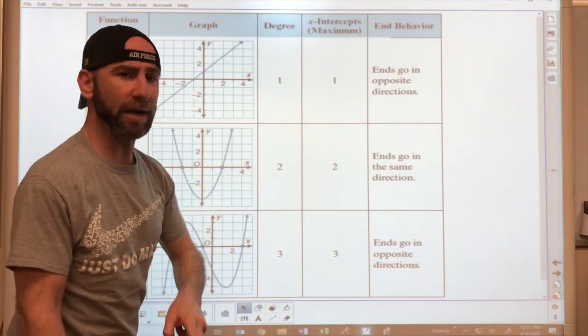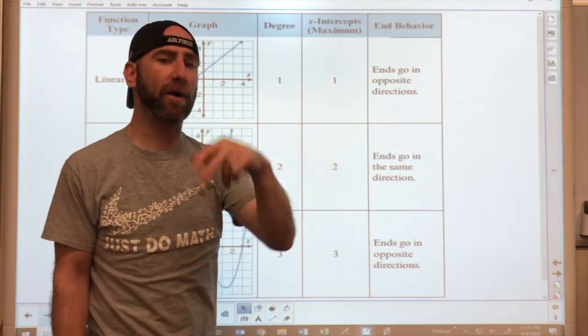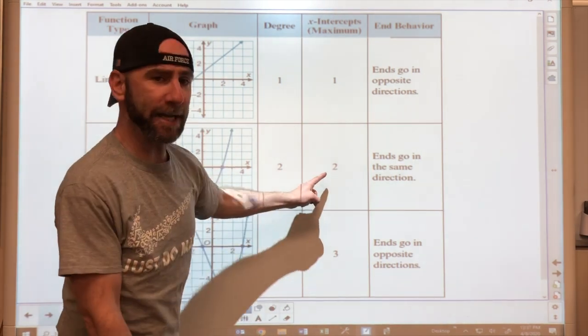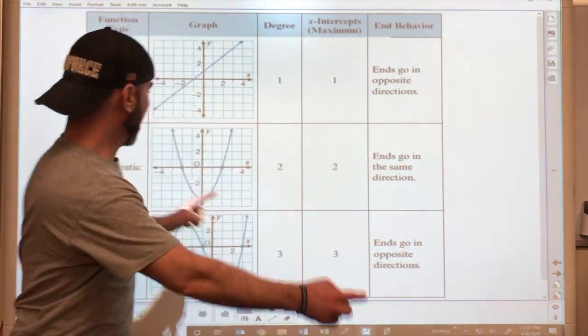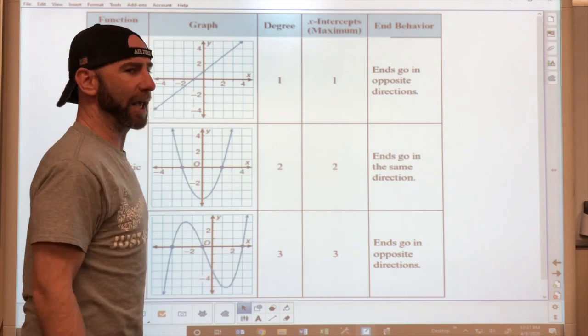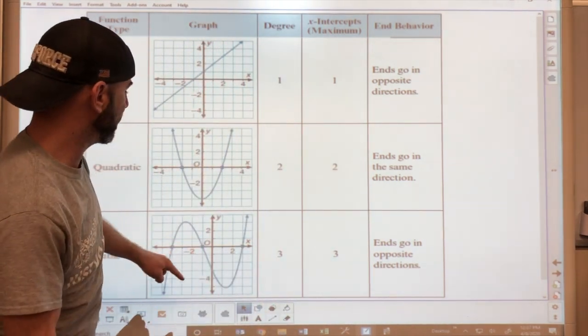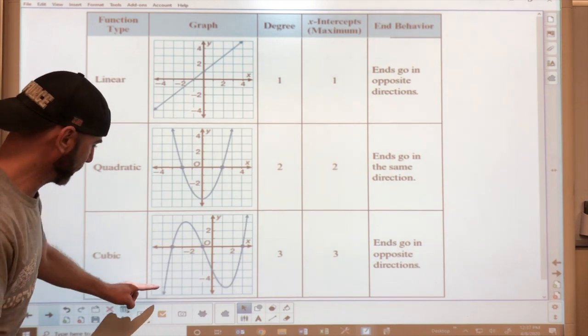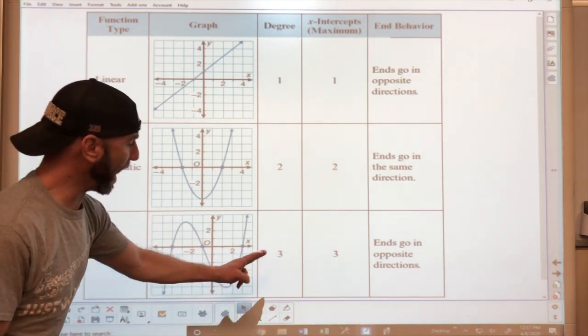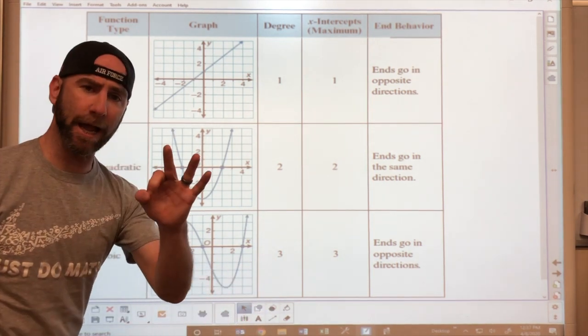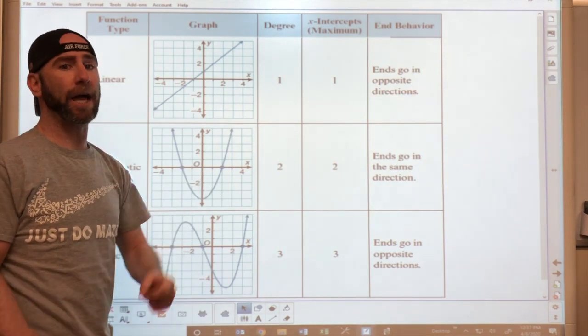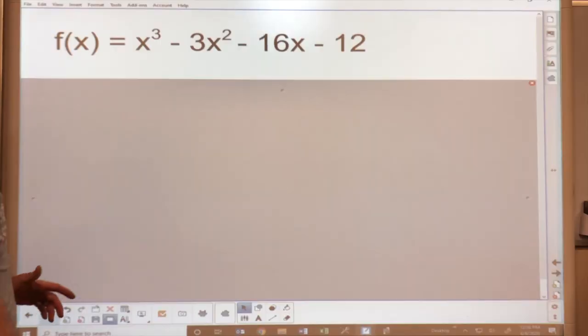It has a degree of 2 because it's x to the power of 2, and it has a maximum of 2 x-intercepts, although it can have 1 or none. And then this is the way that a cubic function looks. It has a maximum of 3 x-intercepts, although it could have only 2 or 1.